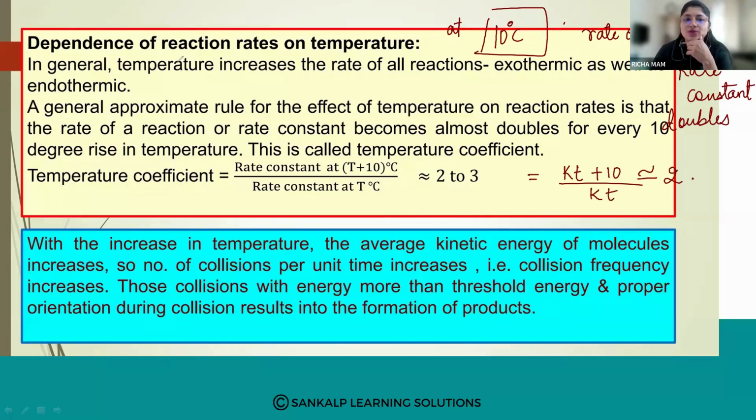So in general, temperature increases the rate of all reactions, exothermic as well as endothermic. Every 10-degree rise in temperature, the rate constant or the rate of reaction gets doubled. So this is the temperature dependence of reaction.